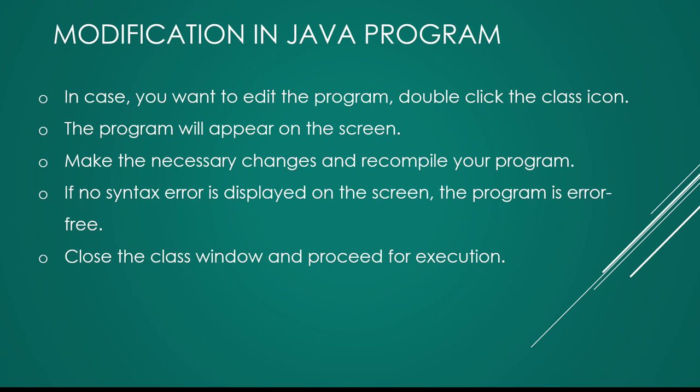If you have any errors, it will show them and you have to correct them. Otherwise, if there are no syntax errors, your program is error free and ready for execution. Now close the window and proceed with the execution, and you will get the output on the terminal window.